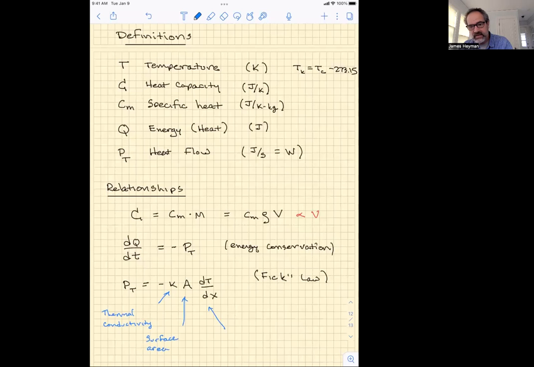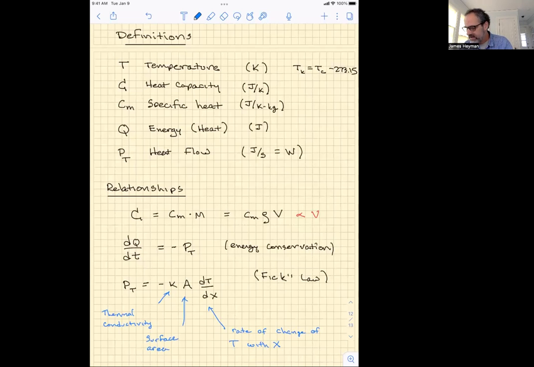And dT/dx tells me the rate of change of the temperature with position. Sometimes it's called the thermal gradient.